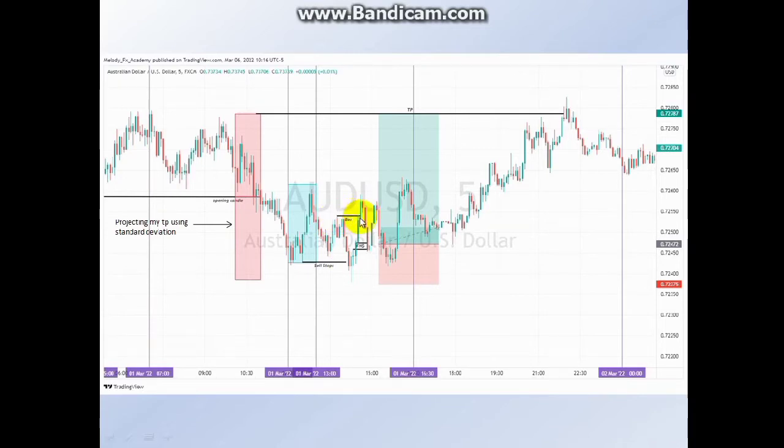So what we do, whenever we come across a situation like this, where stops have been run out, price expands higher and a break of structure has happened.